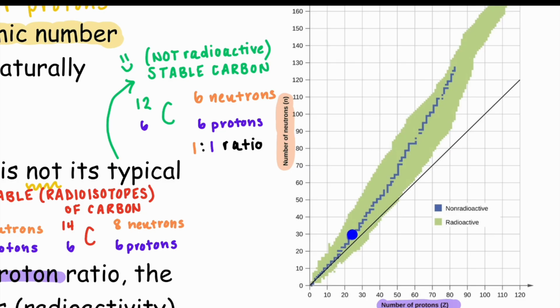The blue in this thin line shows the non-radioactive isotopes of atoms, meaning they do have a stable neutron-proton ratio, whereas the green shows the radioactive isotopes that have a higher neutron-to-proton ratio, making them more unstable. So the ones in green will spontaneously emit different kinds of radiation in order to try to be stable again.